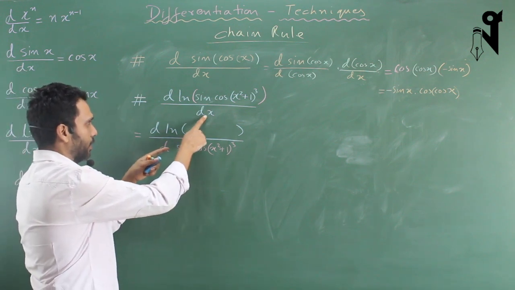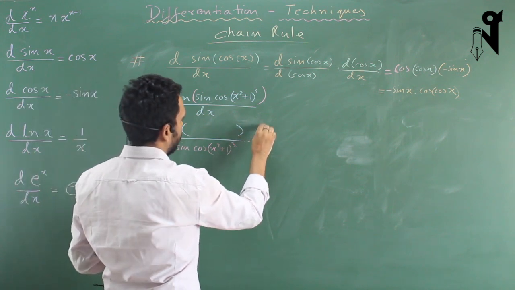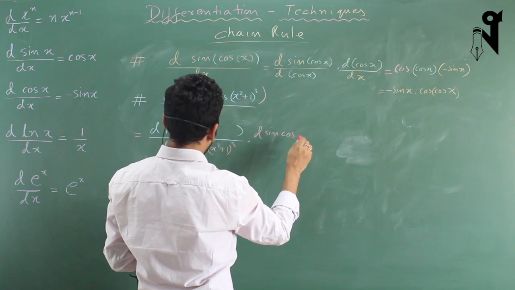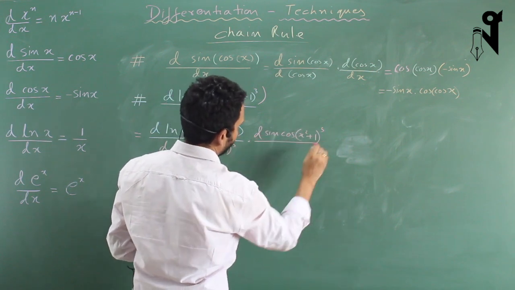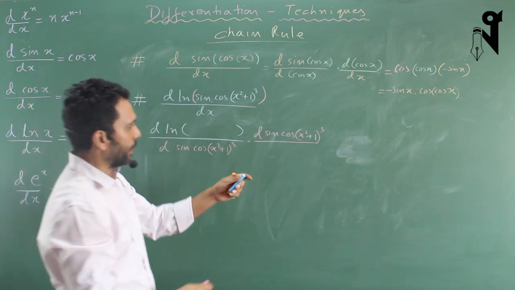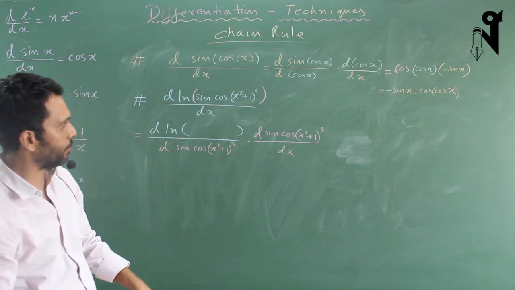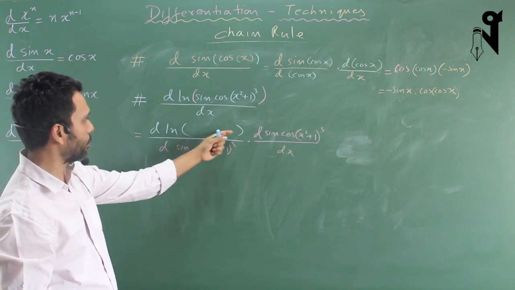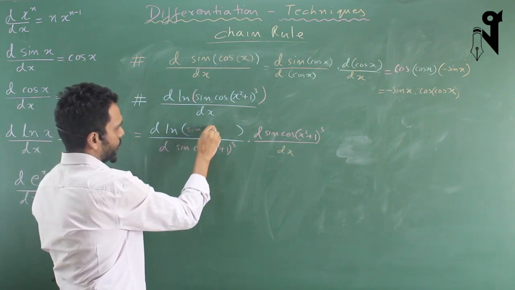But actual differentiation was with respect to x, not with this. So I introduced this, so I'll cancel it out. Now with respect to dx makes my question same, but then I could solve this first part, log of something with respect to the same thing.